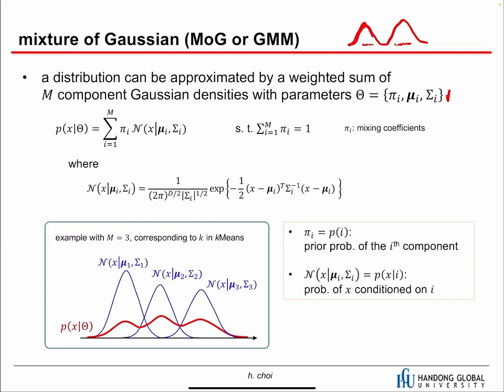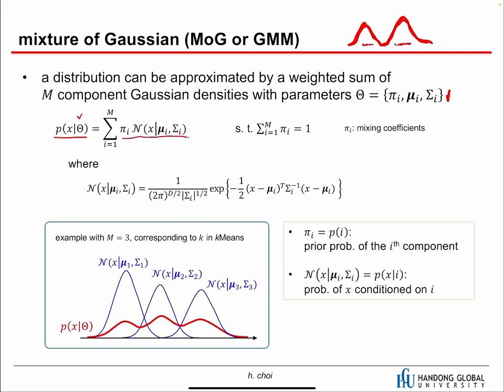Basically, we have one Gaussian here and another Gaussian here, and these two Gaussians should be combined based on a weighted sum. So the probability of x given the parameters, okay, this is actually the likelihood, can be modeled by a weighted sum of these Gaussian distributions.